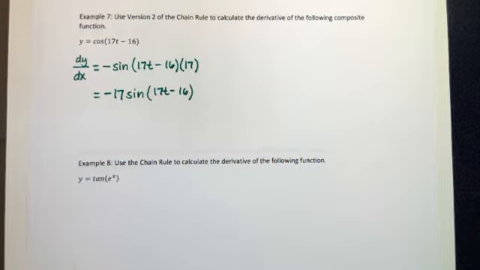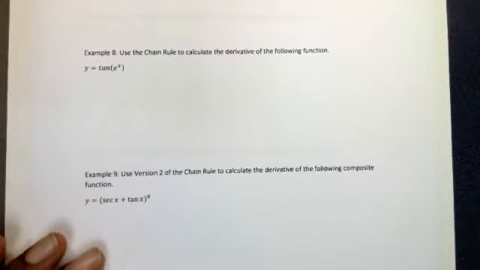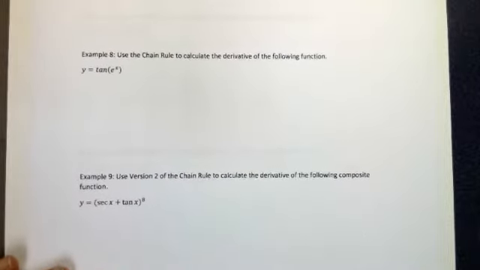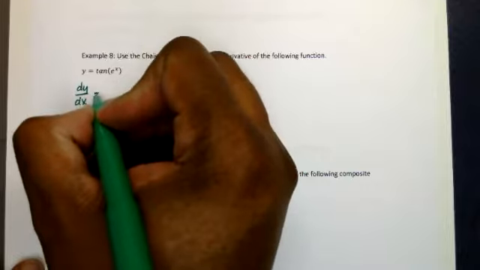All right, the next example is to use the chain rule to calculate the derivative of this function. y is equal to tangent of e to the x. Okay, so let's look at this one. We're going to do dy dx.